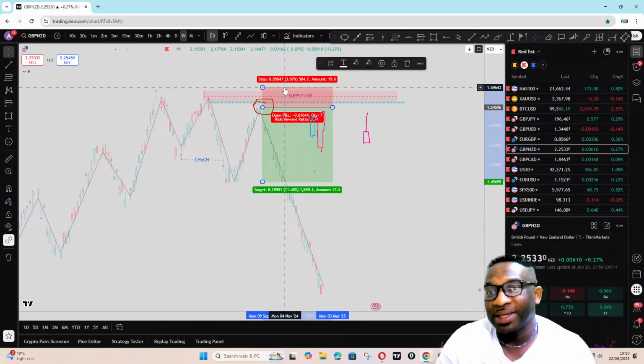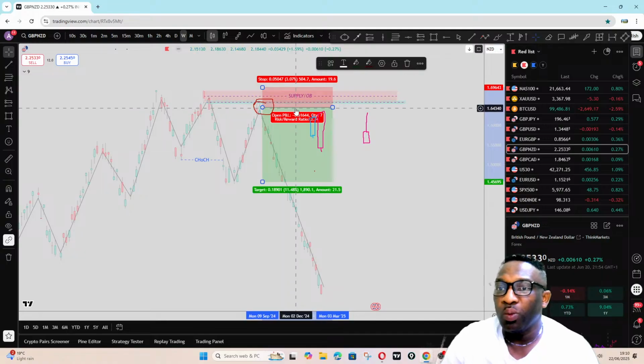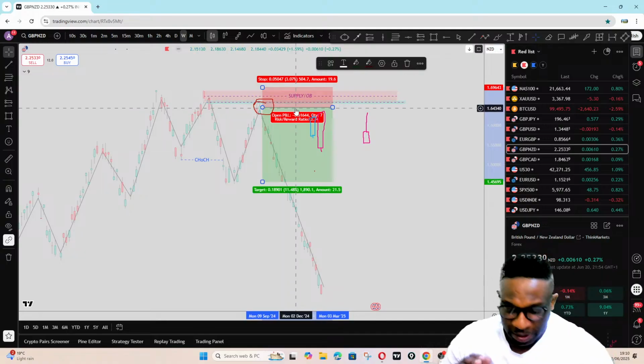If perhaps it's more than £50, then you have to reduce your lot size to maybe 0.8 or 0.7, 0.5, just to be within that maximum loss per trade, which is £50 that you have set for your account size. I'm using that as an illustration.